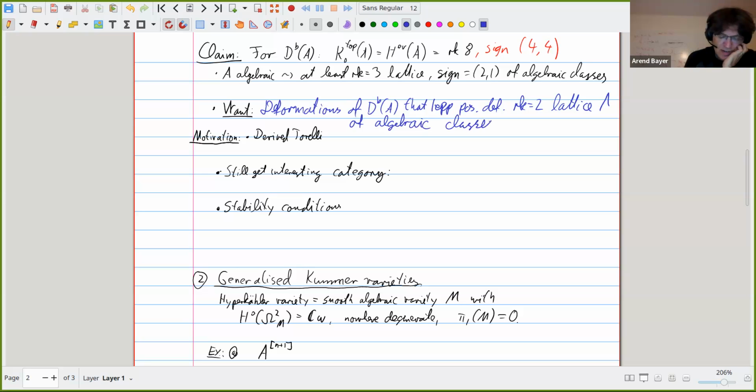Another way to say that: I always have a morphism from algebraic K-theory to the topological K-theory, and the image should always contain this chosen rank 2 lattice.